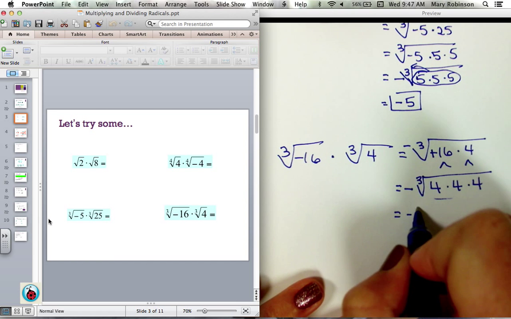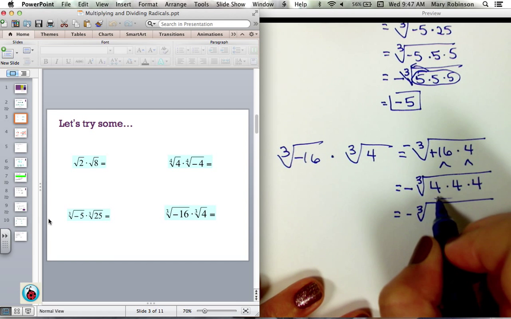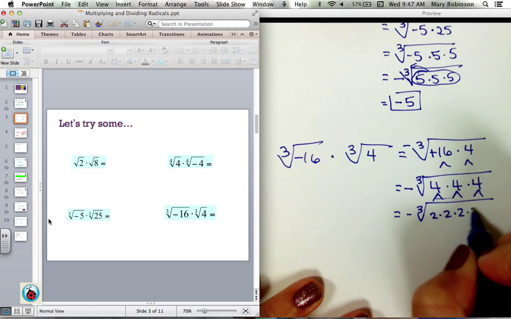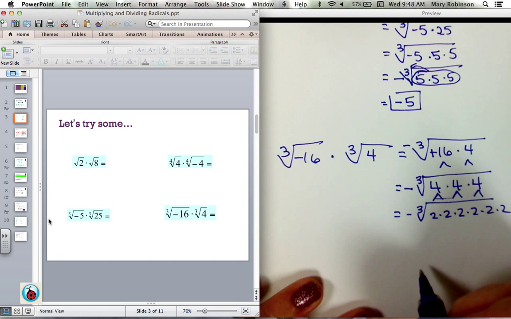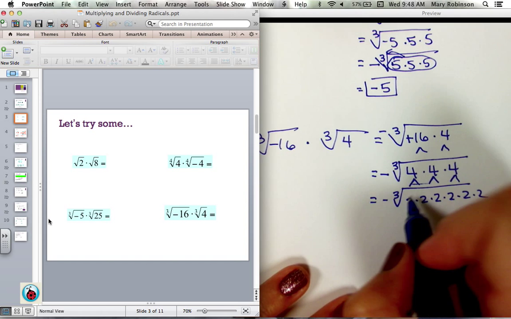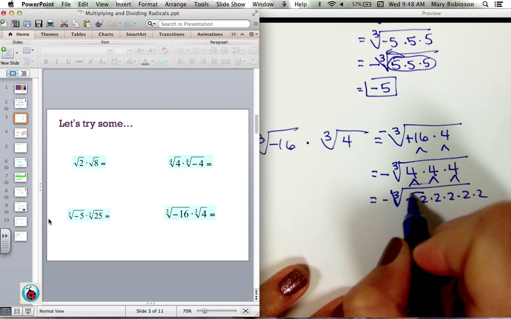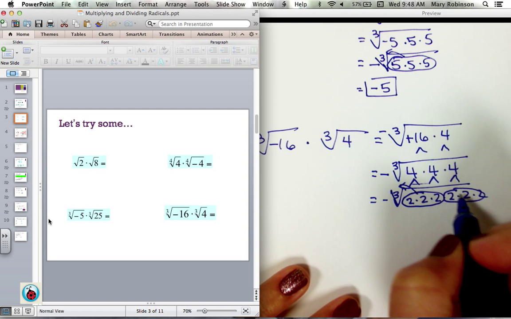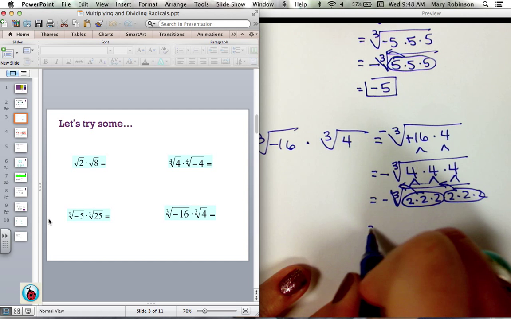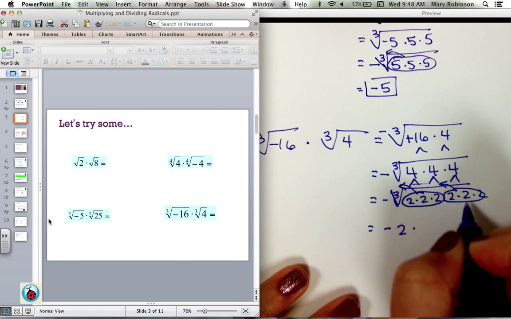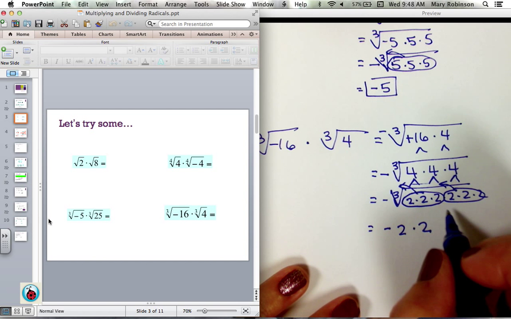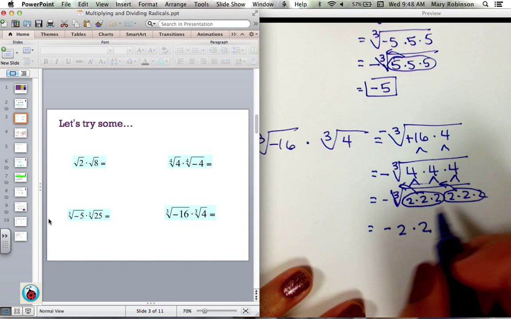However, you can continue to break that down. Each 4 is 2 and 2. Remembering that finding a cube root means finding groups of size 3 of the same factor, I'm going to have negative 2 times 2, and I don't have to put the cube root because I don't have anything left under my radical.